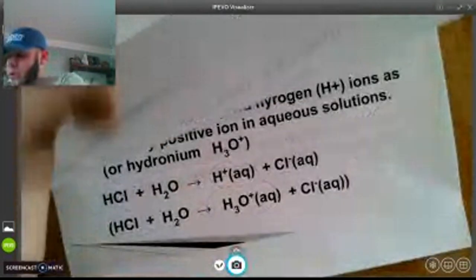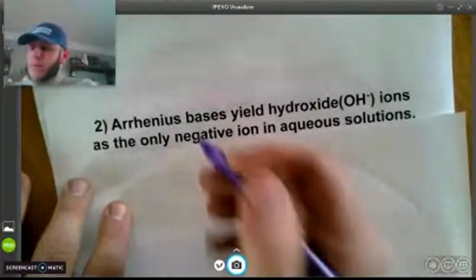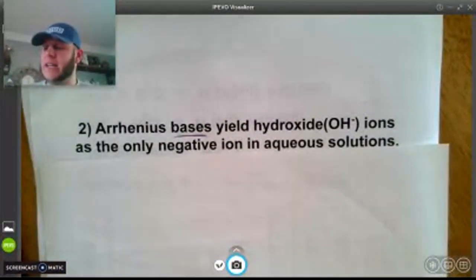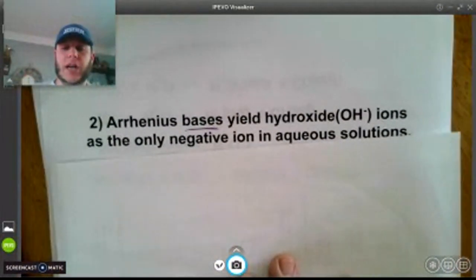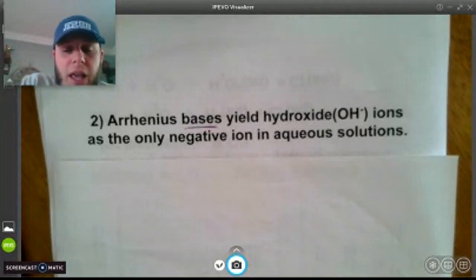Let's move on to the next part of the Arrhenius theory, and that's what makes an Arrhenius base. An Arrhenius base is defined as something that yields the hydroxide ion, OH-, as the only negative ion in an aqueous solution.